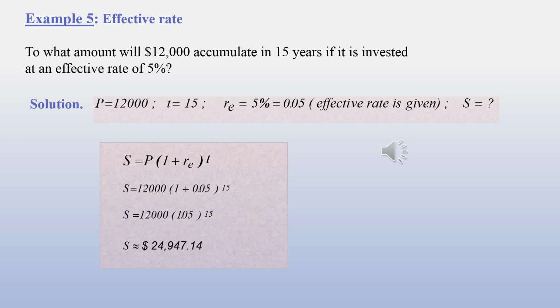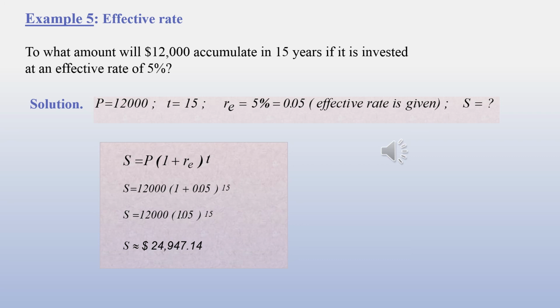The next variable that we know is RE, which is the effective rate, 5%, 0.05. So now here, the effective rate is given, and we can see that the value of k, which is the number of periods that interest is calculated in a year, is not given.